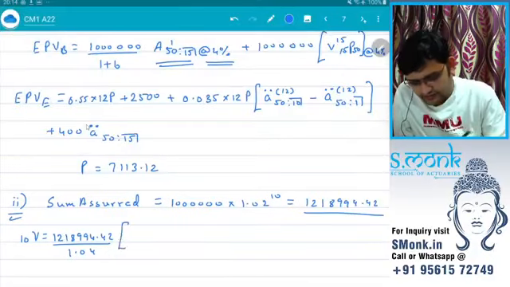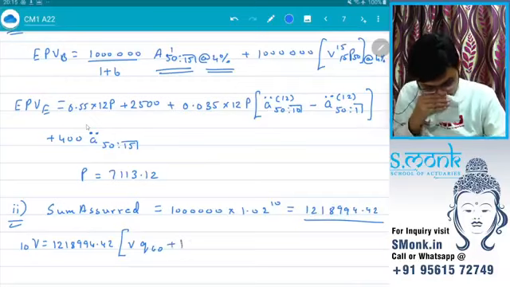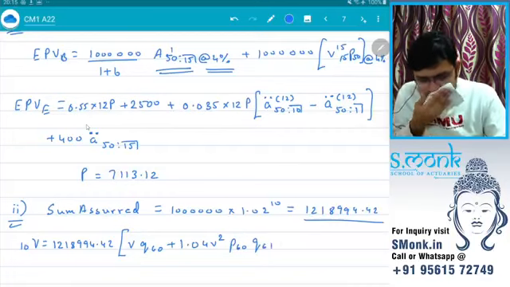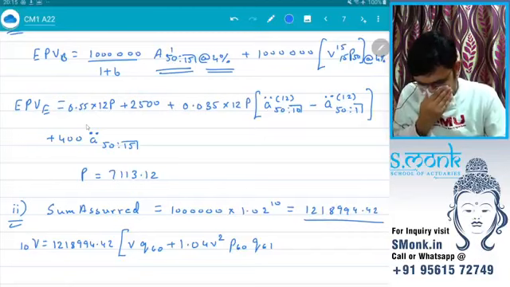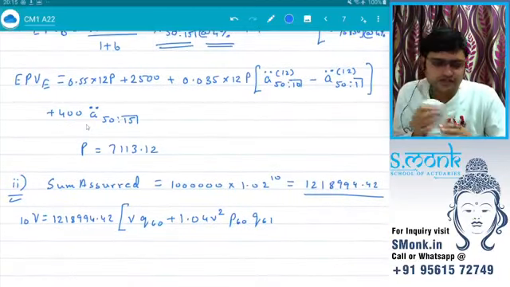I will write it like this: if the person dies within the first year, then discounted, q60, plus 1.04 v squared 1p60 q61, and so on.